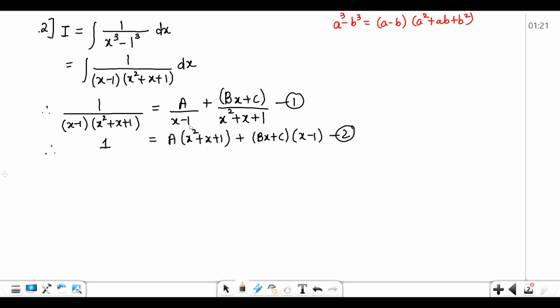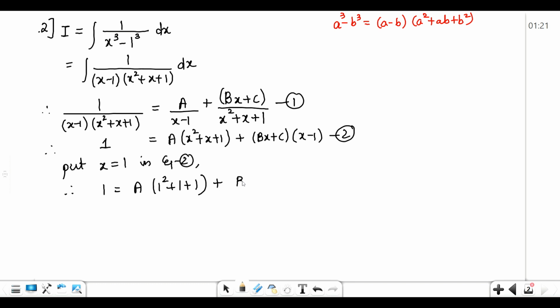Below a we have x minus 1 equated to 0, so that will give you x is equal to 1. So put x is equal to 1 in equation 2. This will give you 1 is equal to a times (1 square plus 1 plus 1). Now this term will become 0, but still let's substitute.